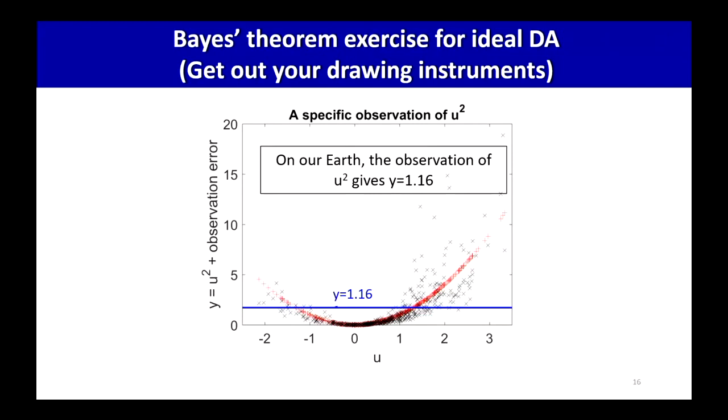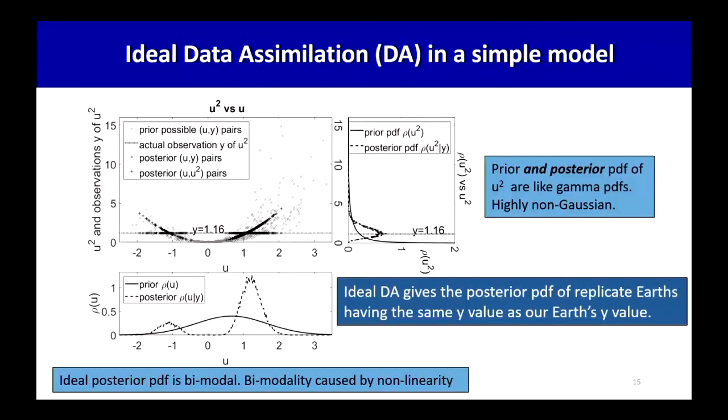But what we want to know is this distribution of x given y, and that is this double hump thing at the bottom here. For each value of u here, we're getting the probability of the truth u being equal to that value, given the observation. We can get that just by rearranging this equation. So this equals that.